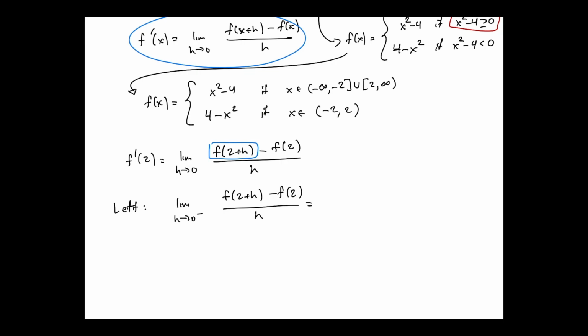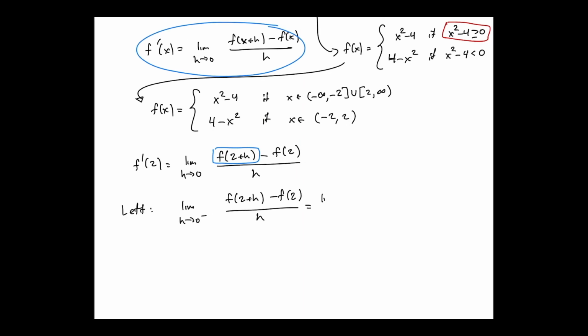Good? Okay, so I'm going to replace here: 4 minus 2 plus h squared, right? Because what's the function? 4 minus x squared. Yes? Okay, then I need to subtract f of 2.